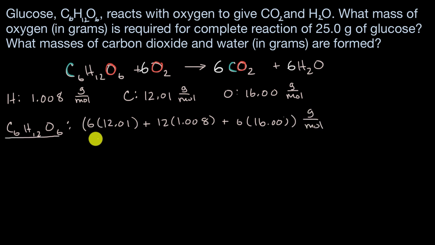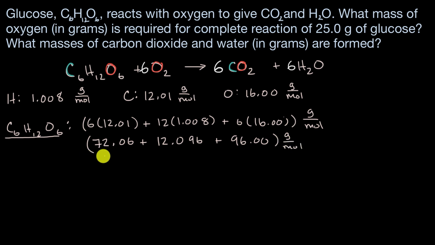And this is going to be equal to, let's see, 72.06 plus 12.096 plus 6 times 16 is 96.0. And of course, all of this is in grams per mole.